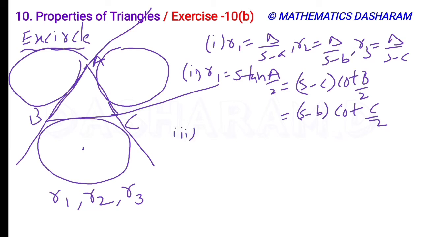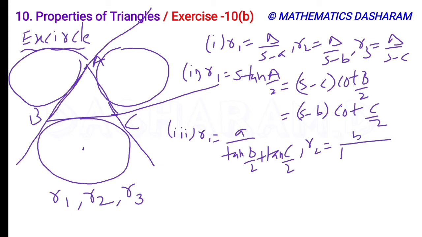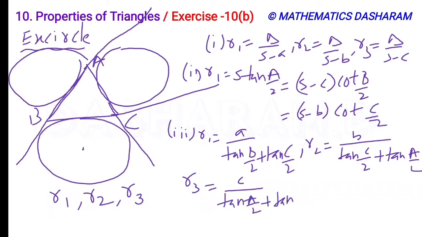Next, third formula is R1 equals a divided by (tan B by 2 plus tan C by 2). Next, R2 equals b divided by (tan C by 2 plus tan A by 2). Next, R3 equals small c divided by (tan A by 2 plus tan B by 2).